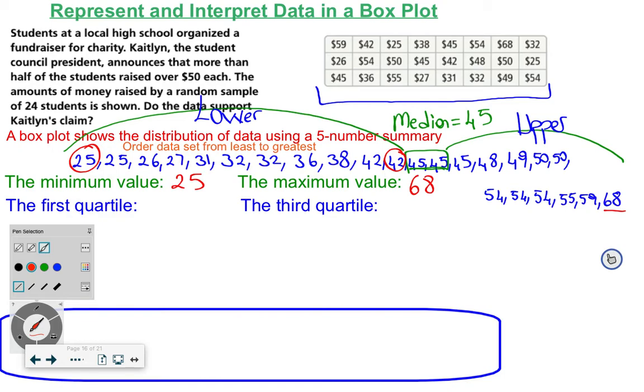What is the median of the lower part? There are 11 students over here, which means that the 6th is your median. 1, 2, 3, 4, 5, 6, 7, 8, 9, 10, 11. So this is going to be your first quartile.